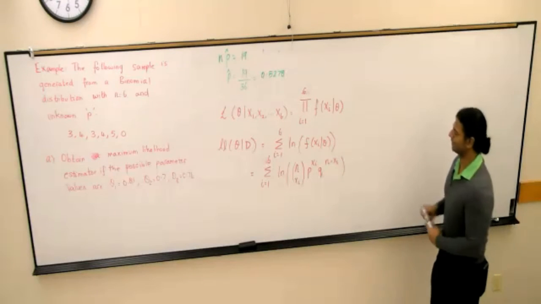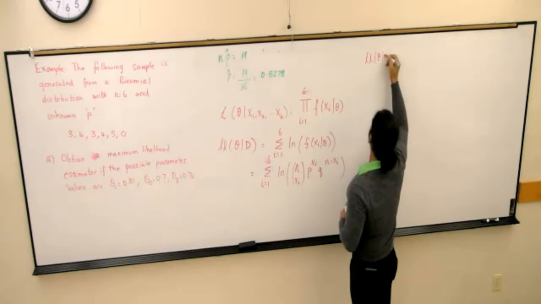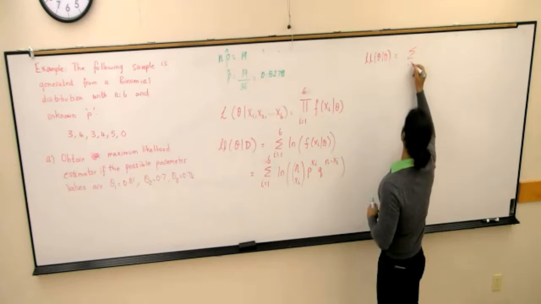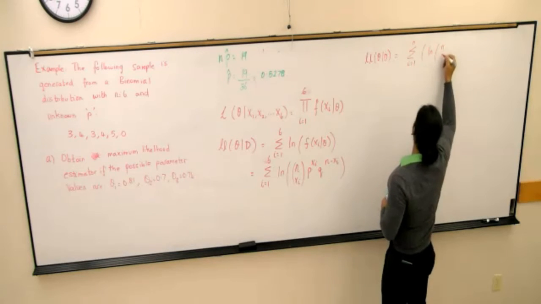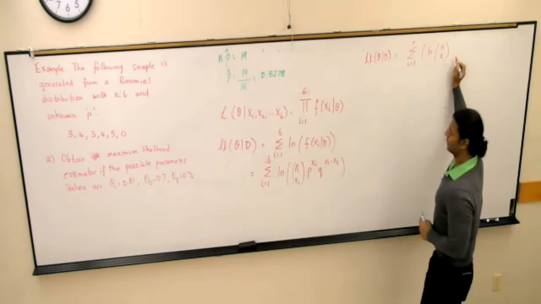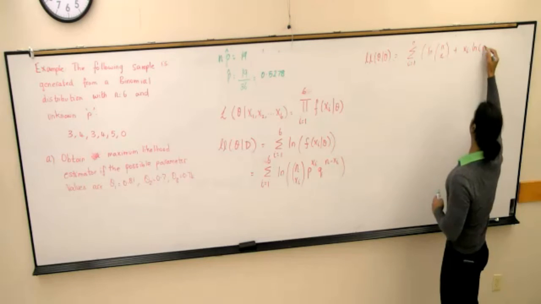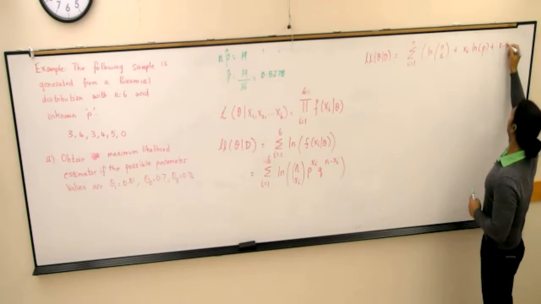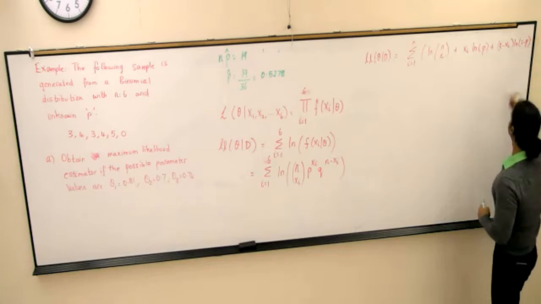You can split it up and write it as ln of n choose x plus xi ln of p plus n minus xi ln of 1 minus p.